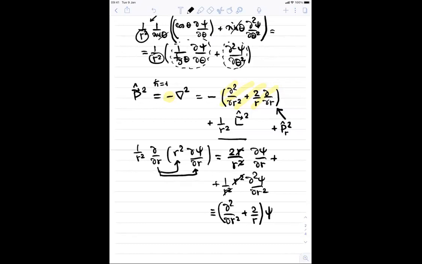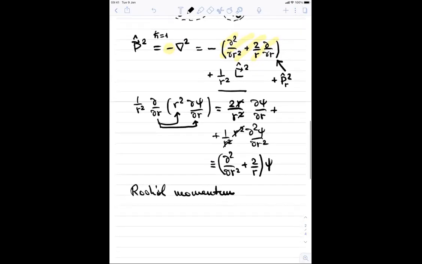It can be shown that there is the correct definition of a radial momentum. The naive thing would be that the radial momentum is equal to minus i h bar, the derivative with respect to r. This is wrong. This object is not Hermitian.